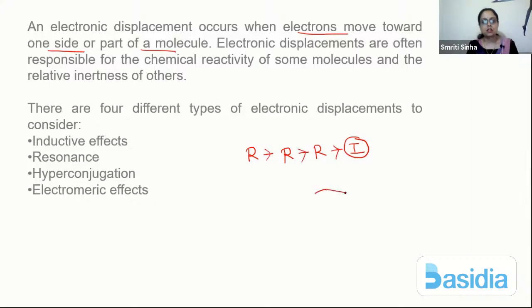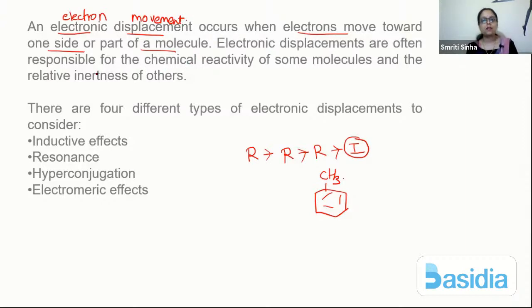It may be in such a way or in an aromatic ring, and this movement of electron from one part to the other part of the molecule is called electronic displacement. Electronic stands for electron and displacement stands for movement, and therefore it is known as electronic displacement reaction.